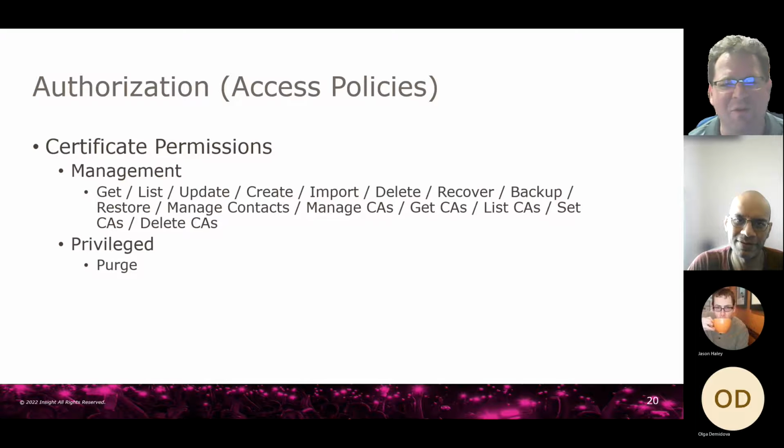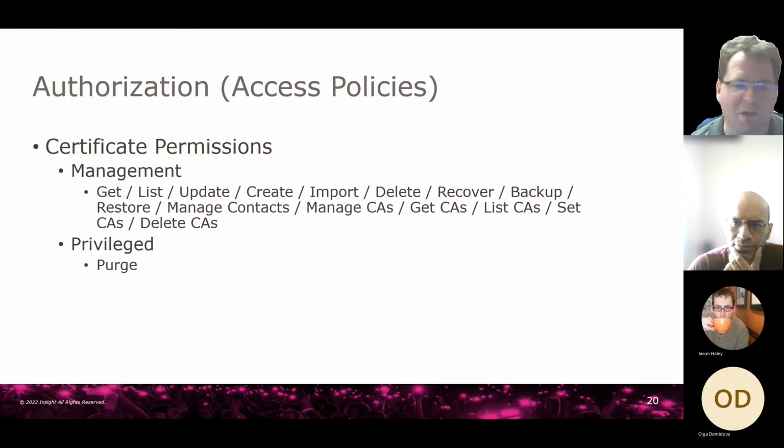So then the final thing, of course, is the certificate permissions, and you can manage the certifying authority certificate chain, all that fun stuff. And all of these things, if you notice, have a privileged purge capability, which is basically the software equivalent of purge this key vault in case you think that you've got some kind of compromise.